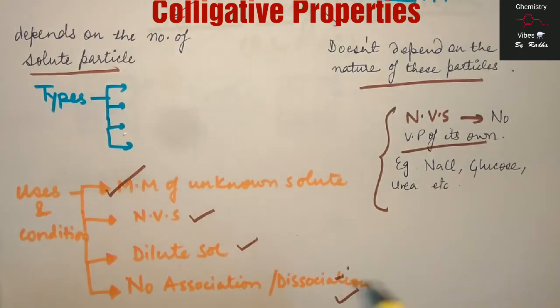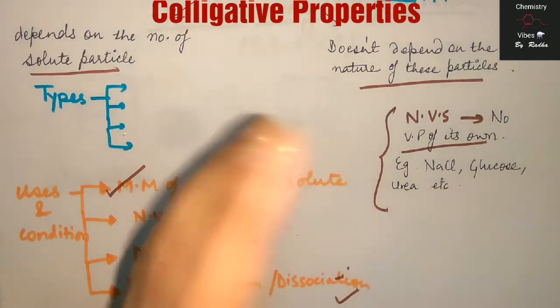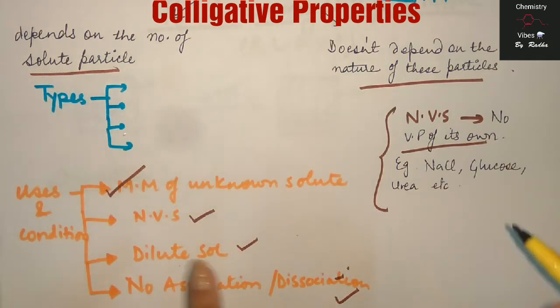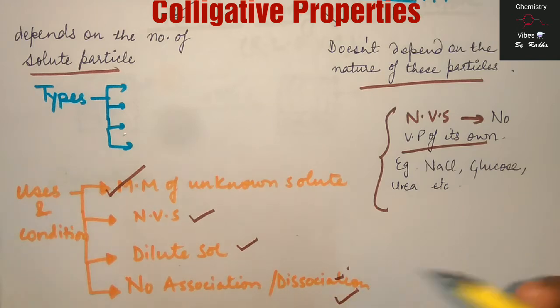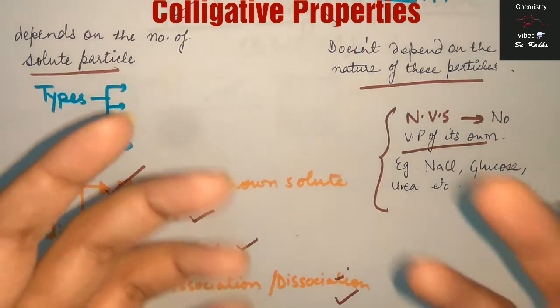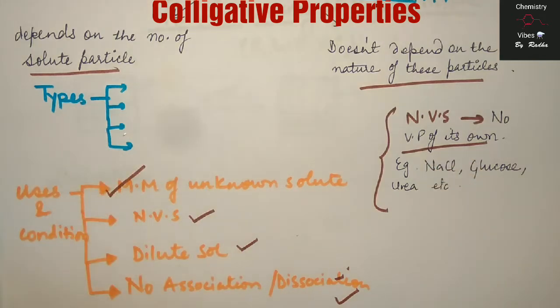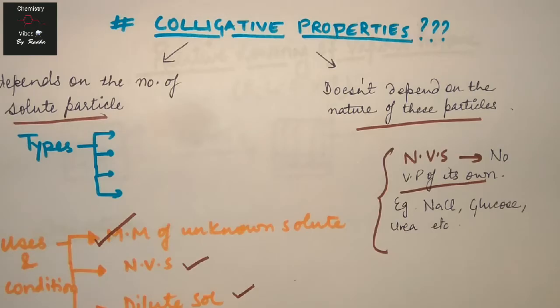There must not be any association or dissociation happening in the solution, then only colligative properties are applicable. So colligative properties are applicable for dilute solutions. For such solutions wherein no association or dissociation are happening, also you must add NVS, non-volatile solute, to the solvent to make the solution, and it is usually used to find the molar mass of the solute.